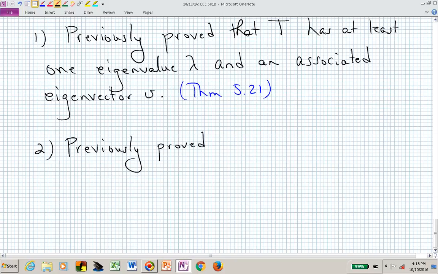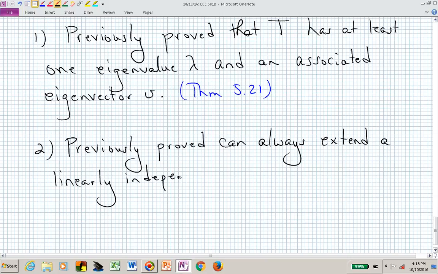So we previously proved we can always extend a linearly independent list of vectors on the finite dimensional complex vector space.